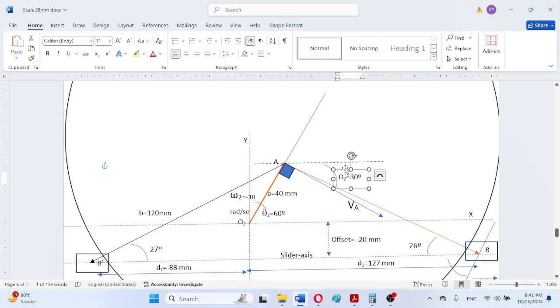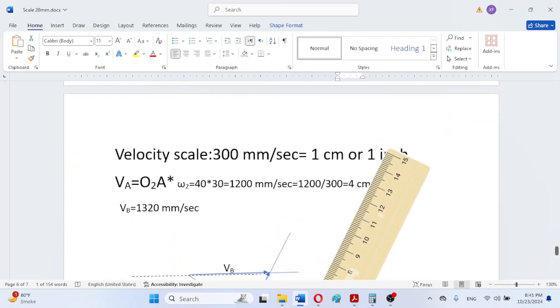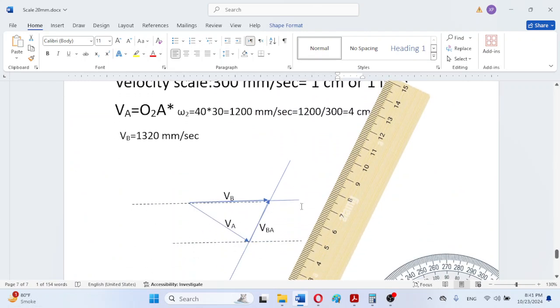We can copy it and paste it here. So this angle is 30 degrees.